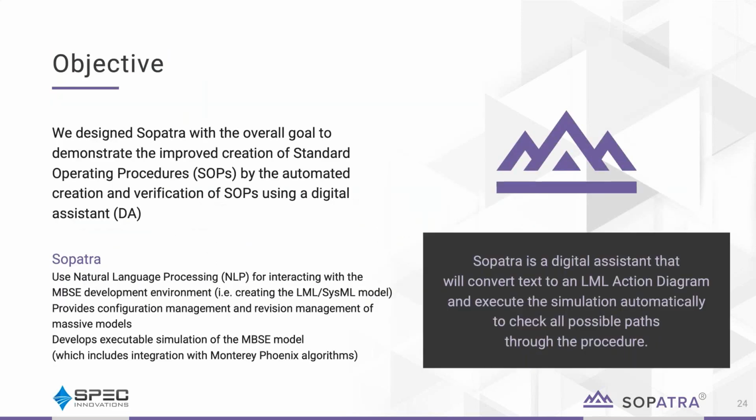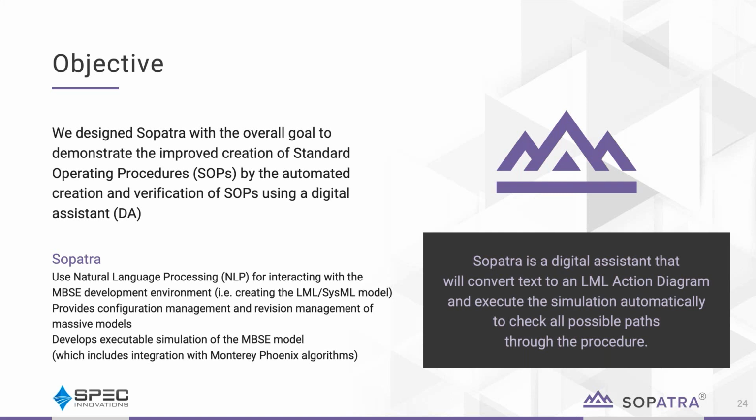So the objective for Sopatra was designed to make these improvements, add these best practices from the development work that is done by George Mason, and make it so it's as easy as possible for people to use. So Sopatra particularly uses NLP, natural language processing, to interact with the model-based environment, particularly the textual-based information.